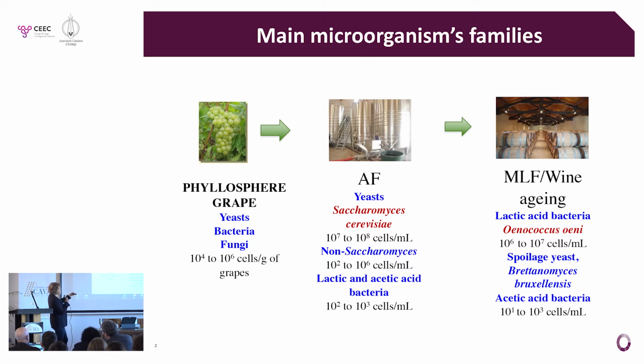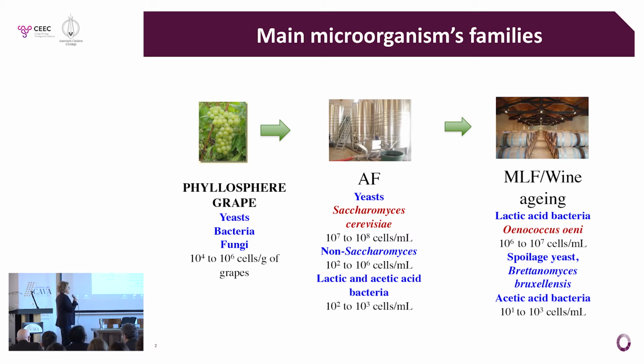Then we go on with the process, finally reach wine, and we have the malolactic fermentation, often conducted for red wine vinification, where lactic acid bacteria play a key role, especially one species, which is Oenococcus oeni. Again, it reaches high population levels of 1 million, 10 million cells per milliliter.